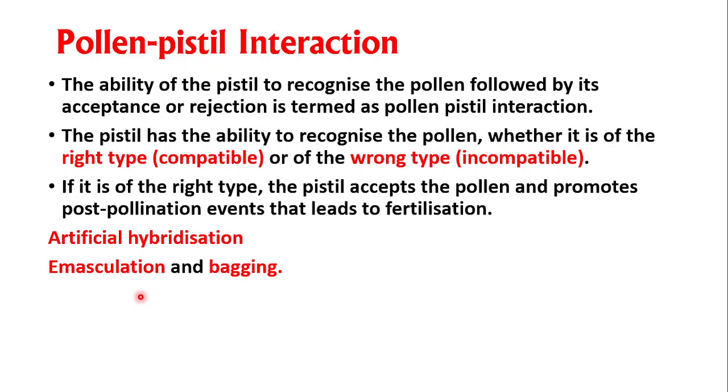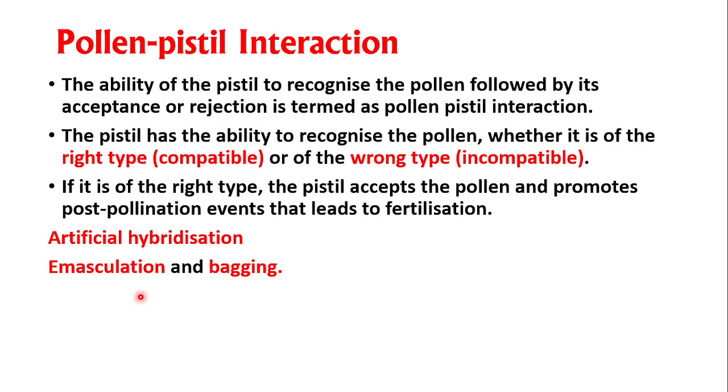So for hybridization, you have to select a flower which has not undergone pollination, and it should be in the form of a bud. From that flower bud, we take out the anthers before their dehiscence or before the release of pollen grains, which is called emasculation.